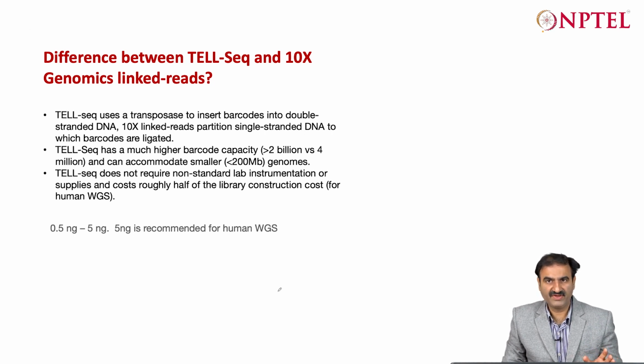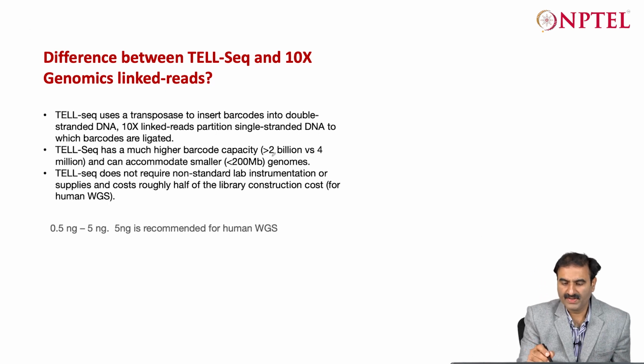So the difference between Tell-Seq linked reads and 10x Genomics linked reads is that Tell-Seq depends upon transposase to insert the barcodes into the double-stranded DNA, whereas 10x Genomics basically partitions the single-stranded DNA into various beads and then labels the barcodes. Tell-Seq also has a much larger barcode capacity, more than 2 billion versus 4 million in 10x linked reads, and therefore it can accommodate even larger genomes.